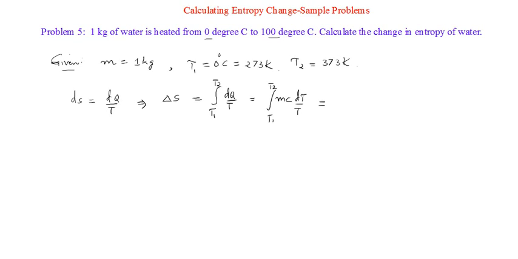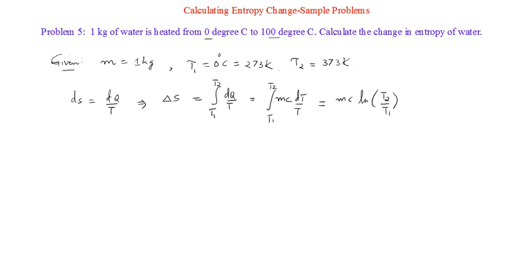Treating the heat capacity of water as constant over the range T1 to T2, we can take it outside, and it finally gives mc log of T2 by T1. So this will be the equation that will be useful for us.